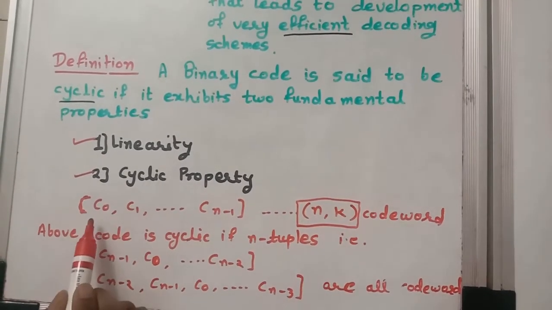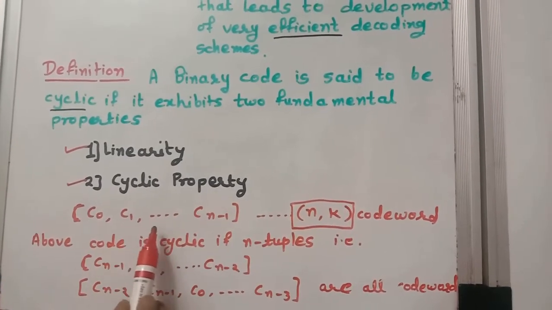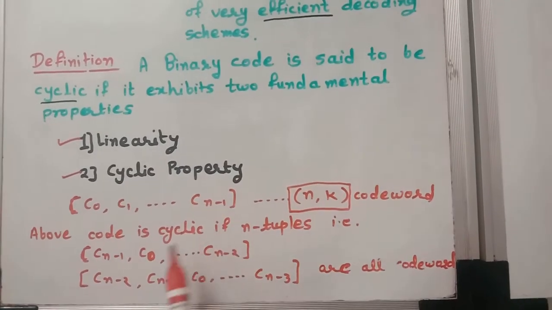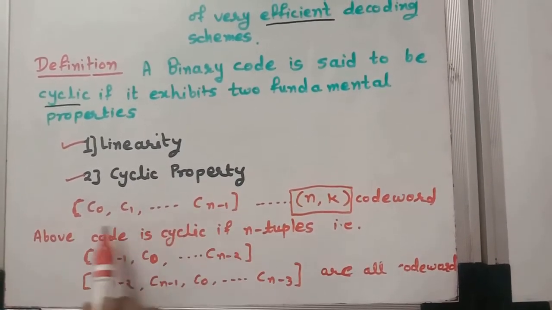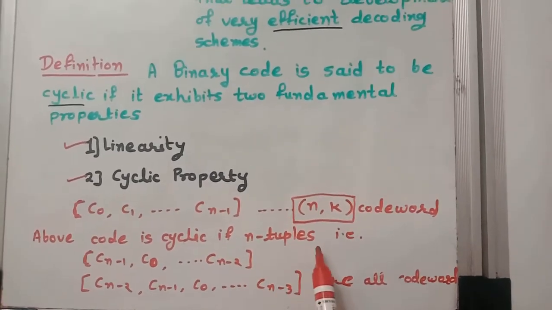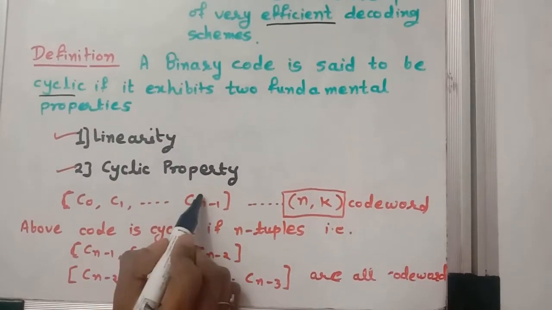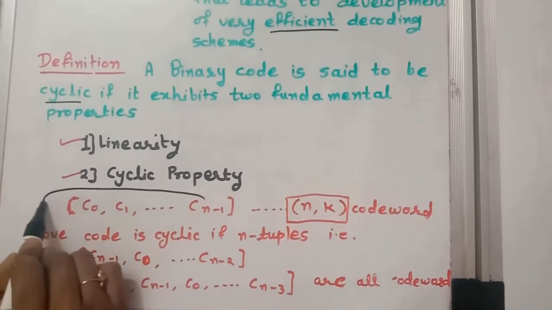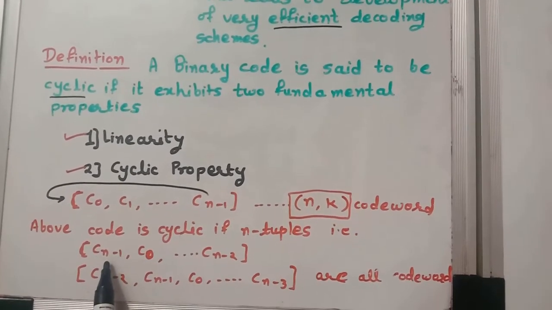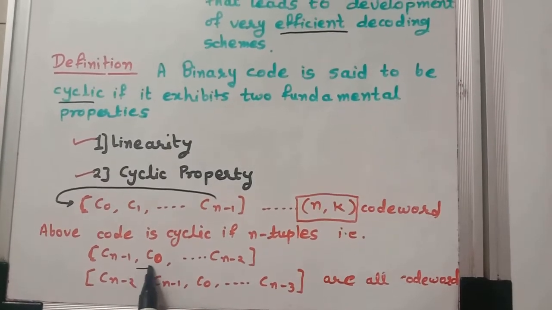If these code word bits are represented as C0, C1 up to C of n minus 1, then this particular code is cyclic if its n-tuples rotate in this direction, so that C of n minus 1 becomes the MSB and C0 is shifted this side.